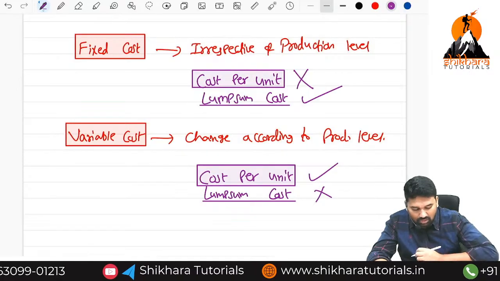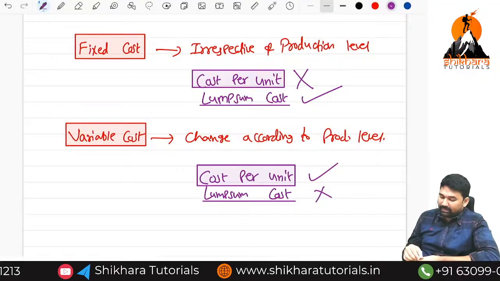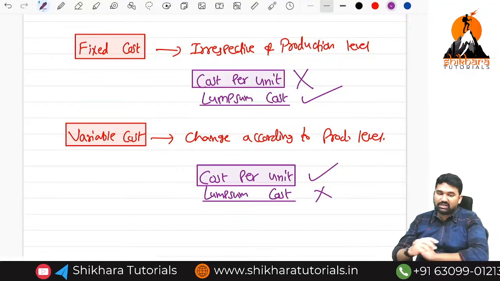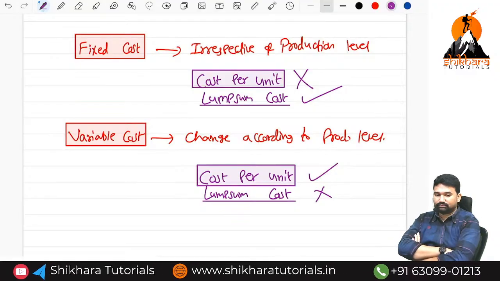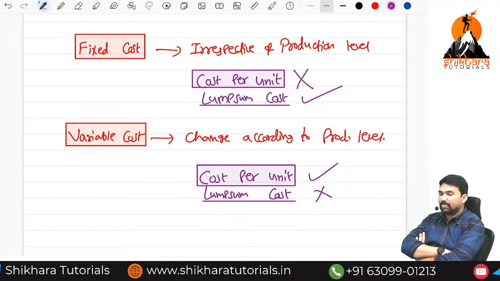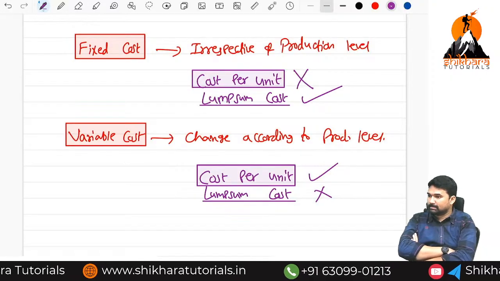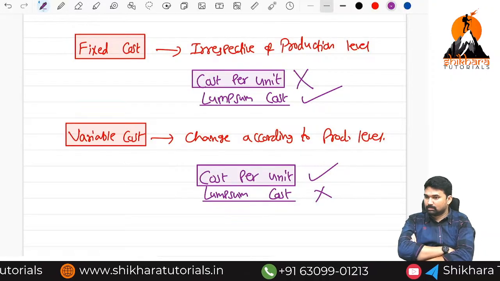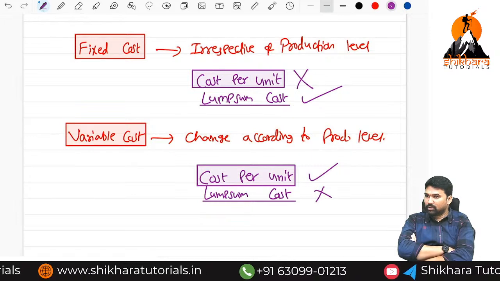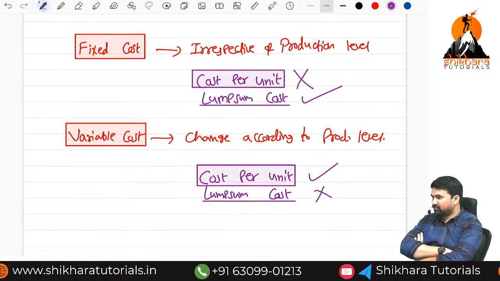Okay, so I'm going to tell an important example after you have written carefully. These are the very important points you have to write and understand carefully.